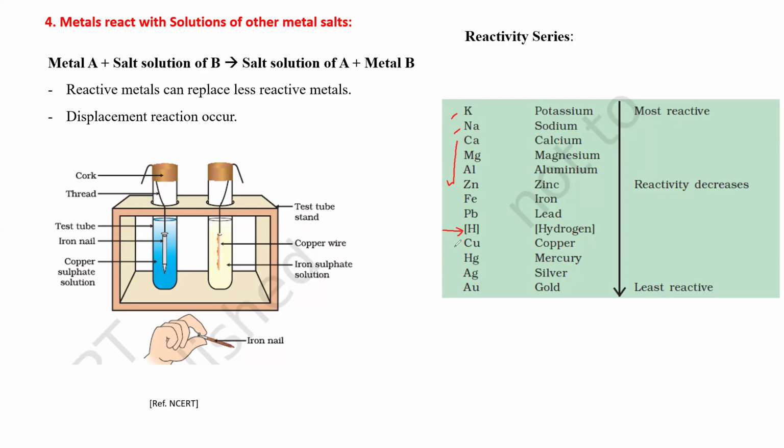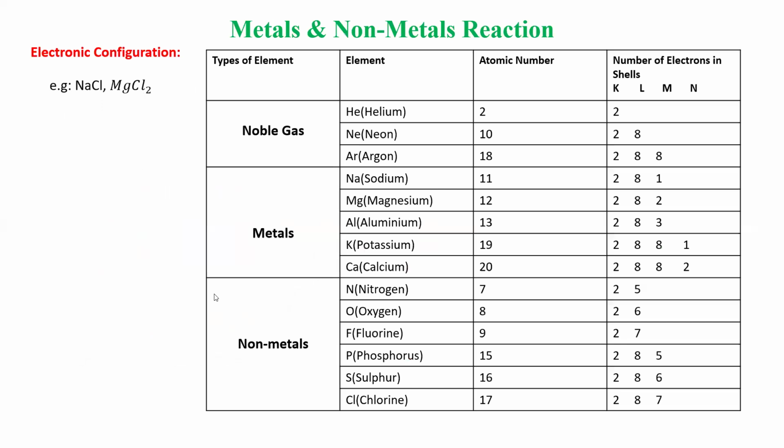Above hydrogen are the more reactive metals, and below hydrogen are the less reactive, like copper, silver, gold and mercury. So the bottom ones are the least reactive, and the upper part is highly reactive. You have to keep this sequence in mind. Write the reactions multiple times, it will be useful for you.